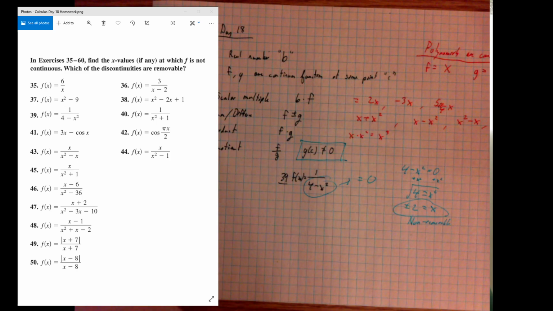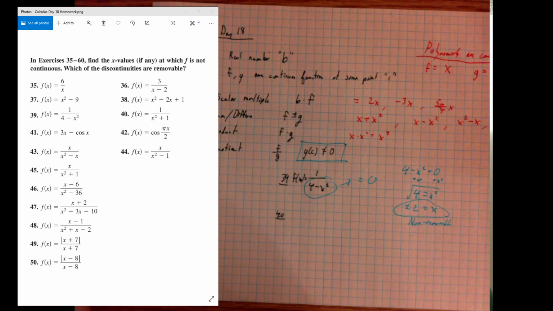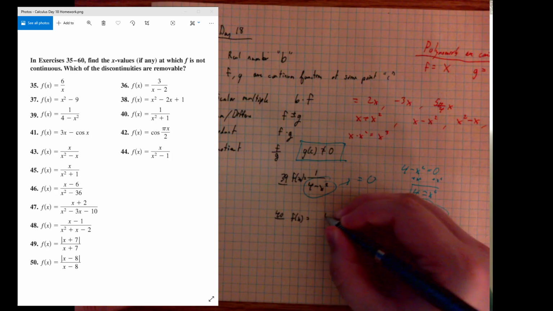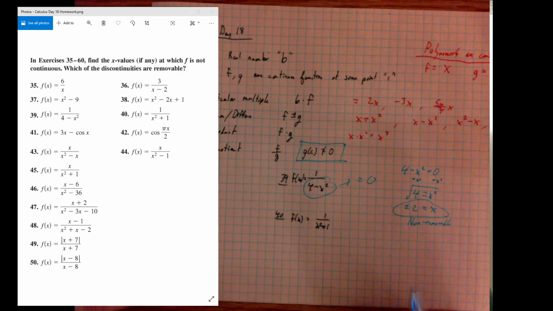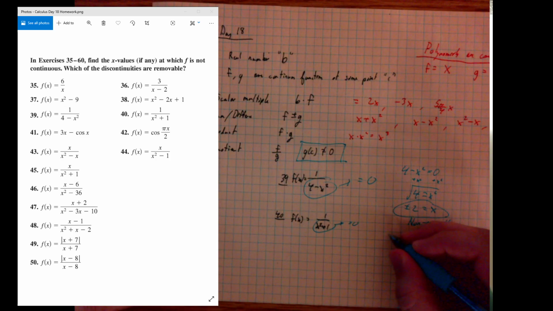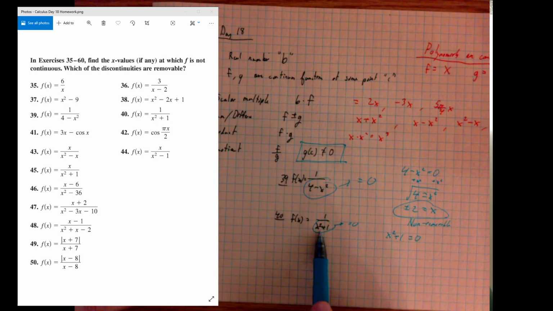If I look at 40, I have the function f of x is equal to 1 over x squared plus 1. I then, once again, take that bottom portion, set it equal to 0. I'm trying to force the one thing that can't be true, right? I'm never supposed to have it equal to 0, so I force the one thing that can't be equal to 0 to become 0 to try to see when that could happen.